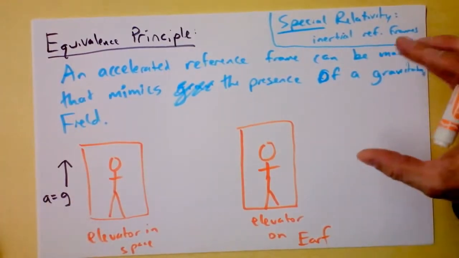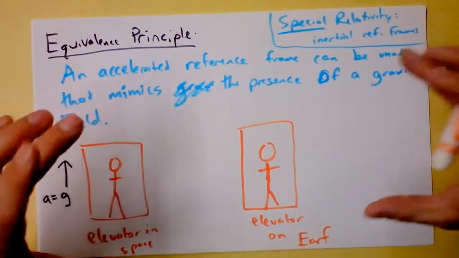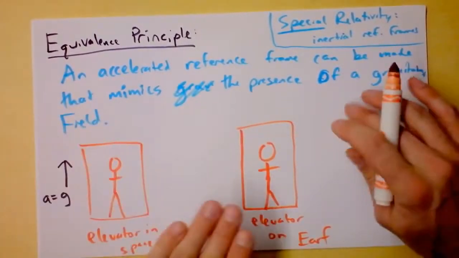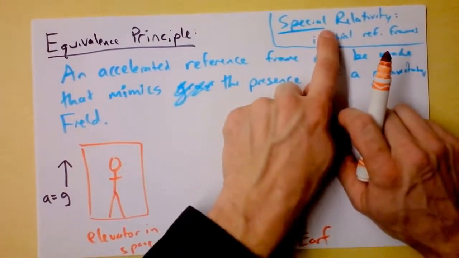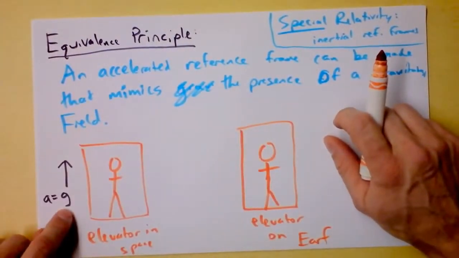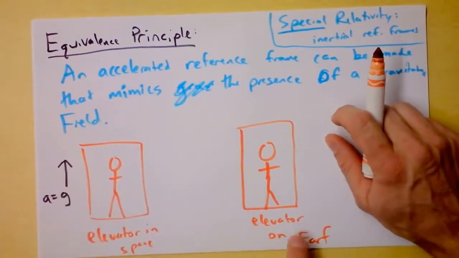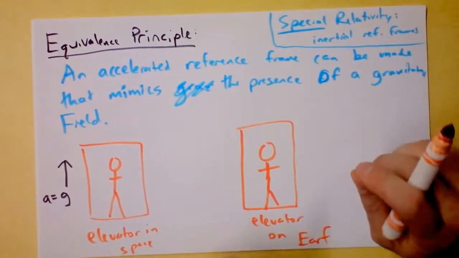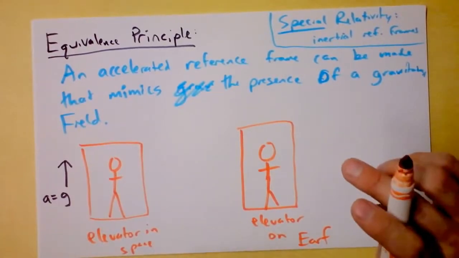Remember we said in the bathroom of a jet, you can't tell that you're on a jet and not on the ground. So this is kind of related to that, except I'm stepping it up. And I'm not saying just special relativity with velocities. I'm saying accelerated situations. Accelerating upward is the same thing as being in an elevator in a gravitational field. So that's very, very interesting.